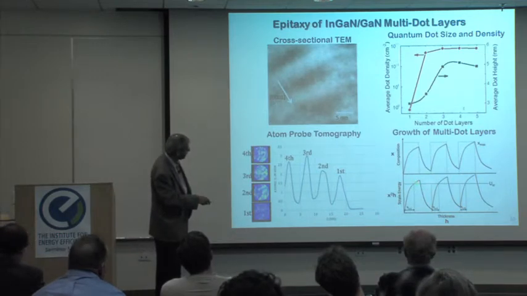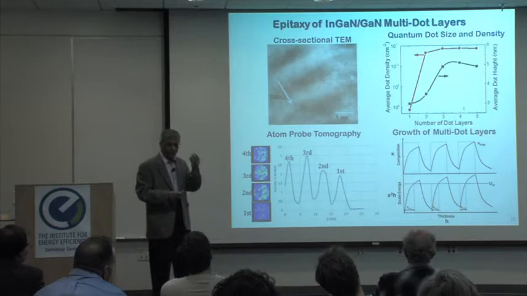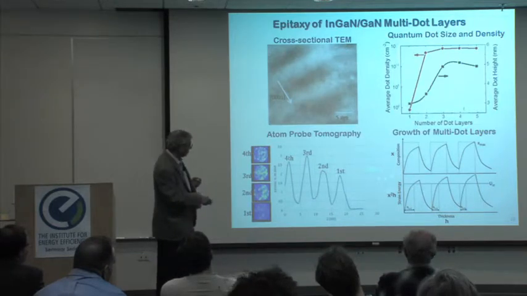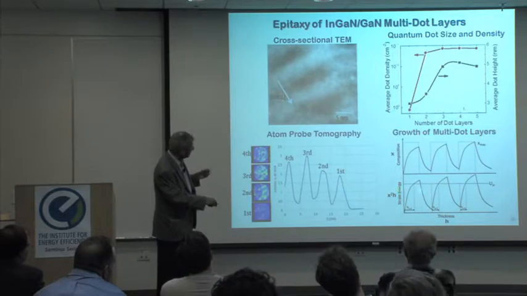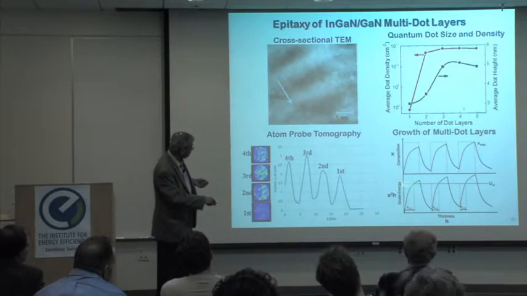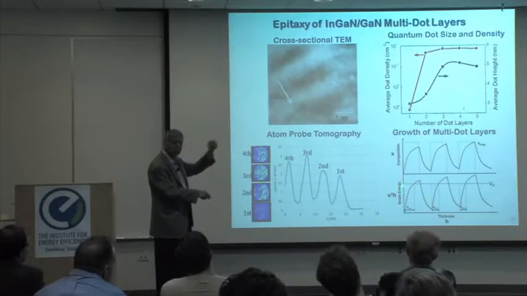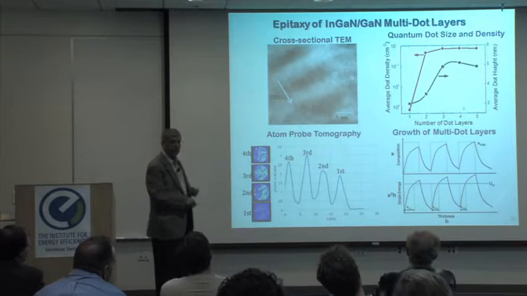This thickness translates to time, basically, the time spent to grow the dot itself. So there is a critical thickness where you have two-dimensional growth, and then there's the three-dimensional growth. So the time spent in the first dot is very small. So time times the nucleation rate is the, yeah.